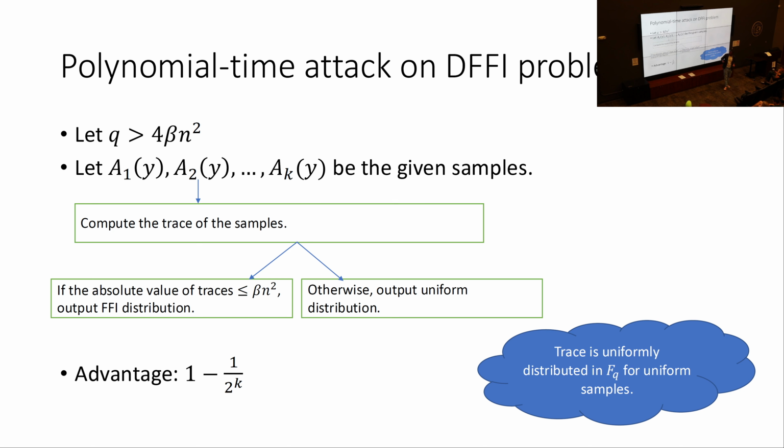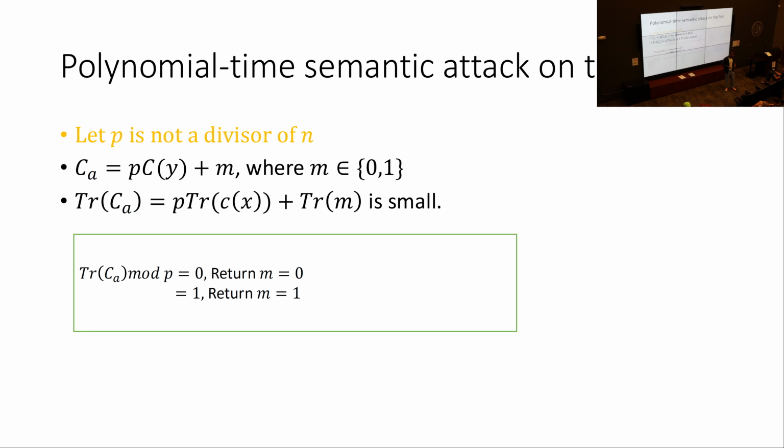So the first thing was, can we get a semantic attack on the FHE scheme? It turned out that yes, we can also use this attack to get a semantic attack on the fully homomorphic encryption scheme. The semantic attack works in the following way. It's a game between a challenger and an adversary.